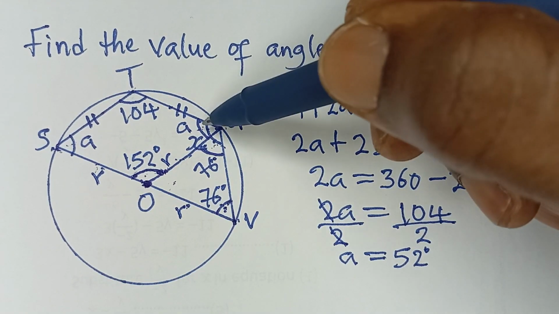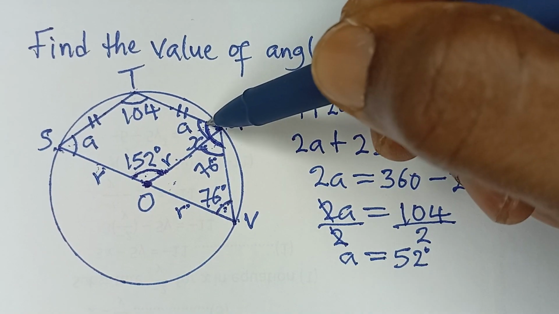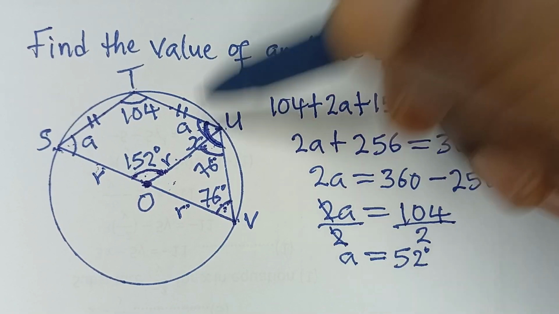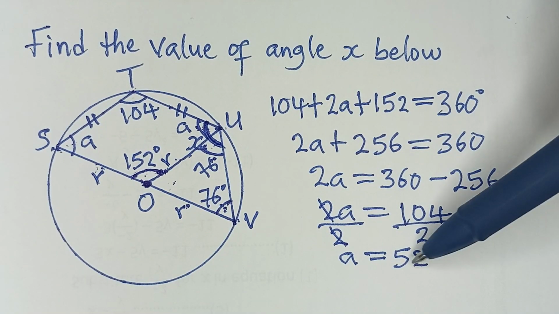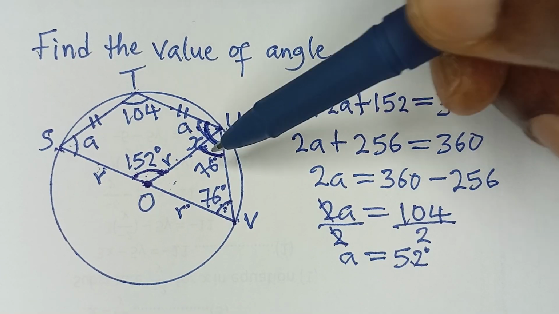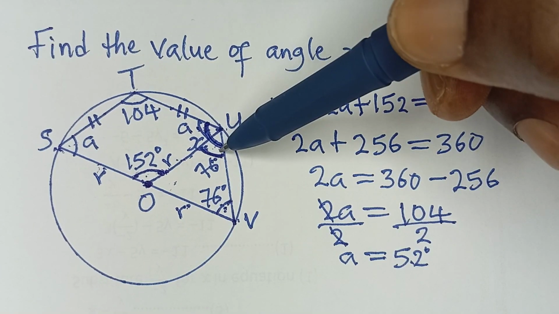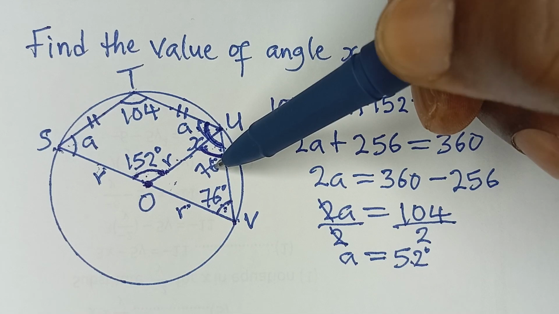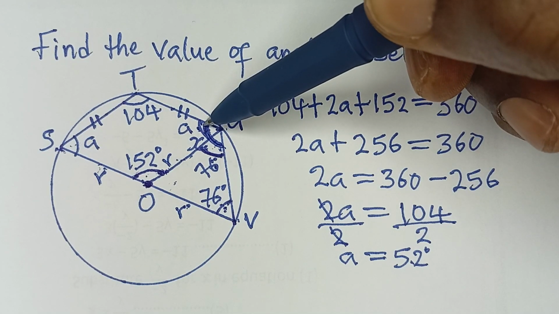But we are actually looking at angle X. That is what we are looking for. This full angle. So if A is 52 that we just obtained now, and this other angle is 76, angle X will now be the sum of the 76 and angle A, 52.